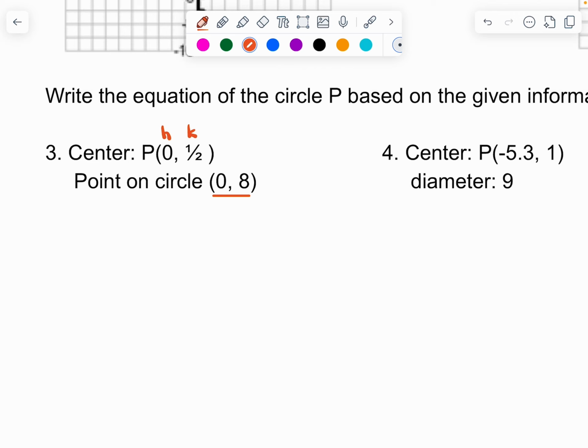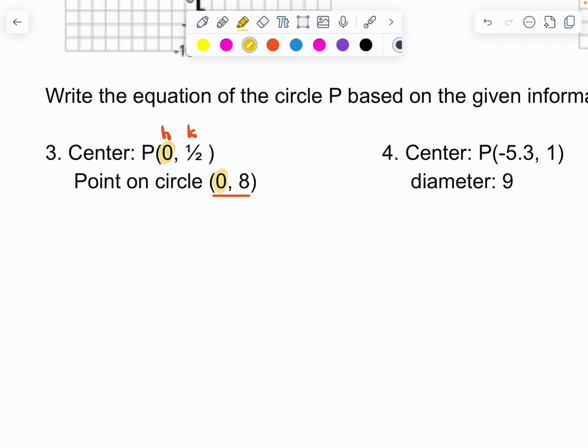So we're going to need to figure out what the radius is, right? And this one's a pretty easy one to find the radius of, because if you'll notice, the x's are both 0. So really, I'm not moving anywhere horizontally.